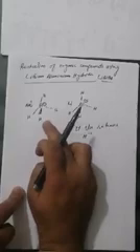Now let's compare the reactivity of these two reagents. We see that lithium aluminium hydride is a powerful reducing agent. Sodium borohydride was a moderate reducing agent.